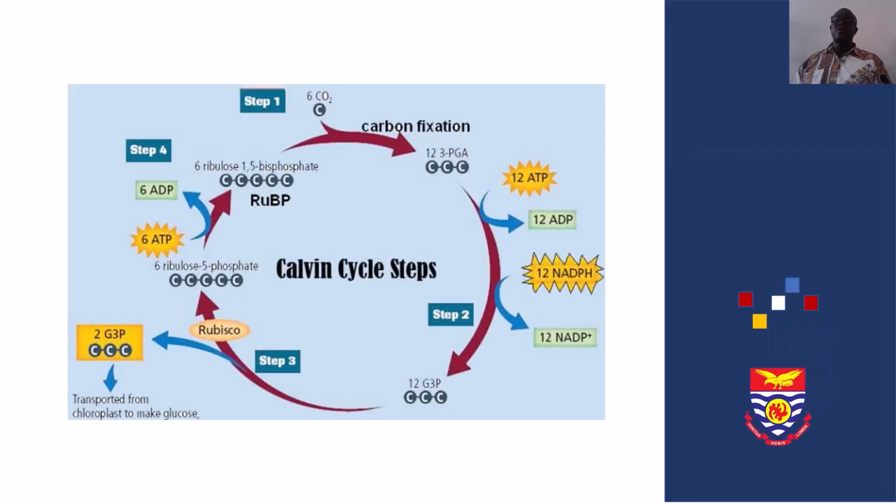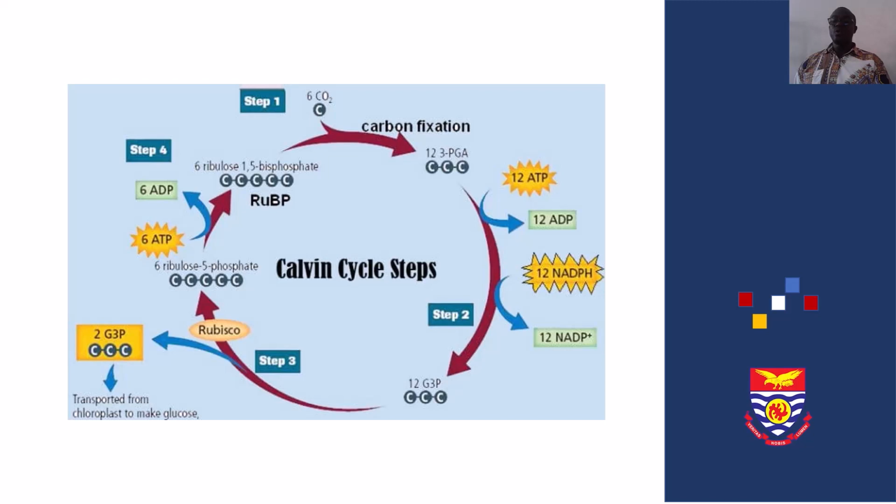So in here you have all the steps that one is supposed to go through, as we have discussed, from step 1, carbon dioxide fixation, where you have 12 ATPs being converted to 12 ADPs. Then we have 12 NADPH, 12 NADP plus, that's step 2. Then we have 12 G3P moving into the next step, which is step 3, and we have rubisco.